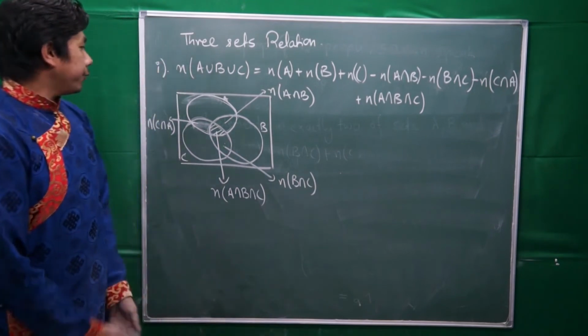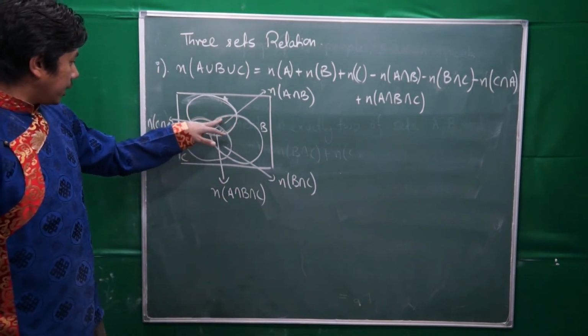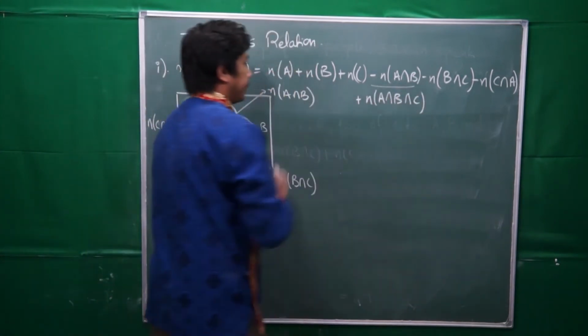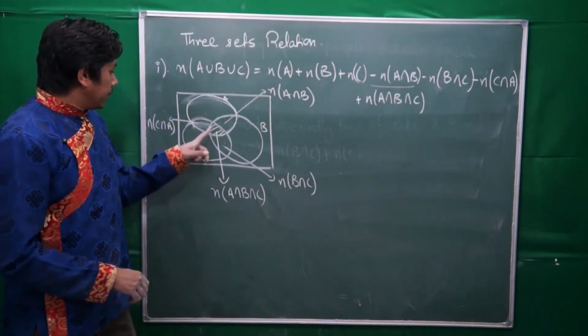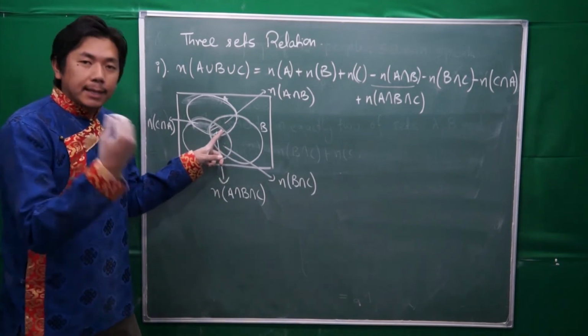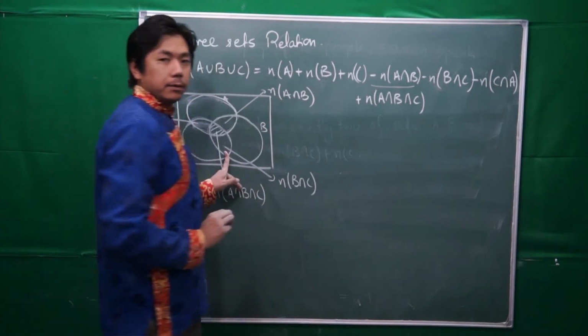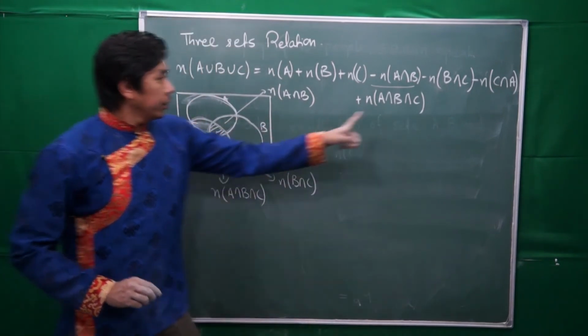So you have to make sure that these regions are added just once. So we subtracted it once. Similarly, this was getting added twice, so you have to make it once. You subtracted it. Similarly with this part, you subtracted it.